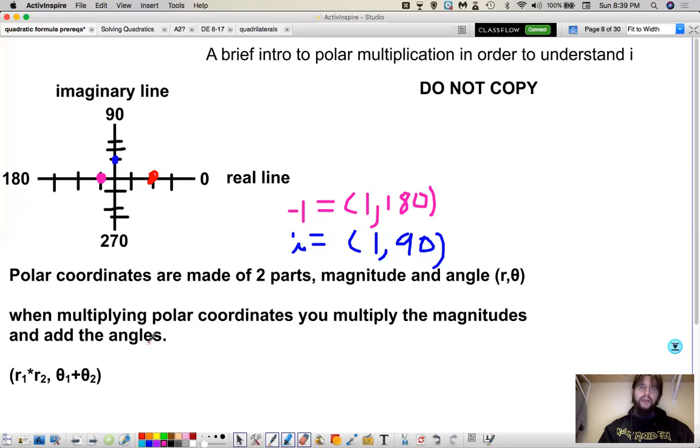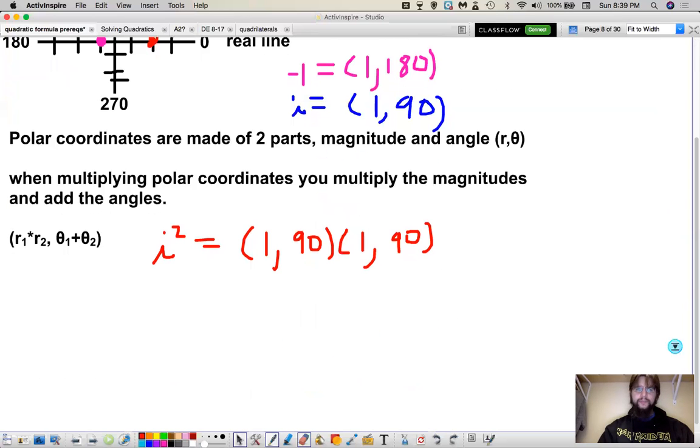So in order to multiply with polar coordinates, here's how you do it. You multiply the magnitudes, the r's, the first coordinate, and you add the angles, the second coordinate. So i squared, let's do it. i squared, well, that's i times i, which is 1 at 90 times 1 at 90.